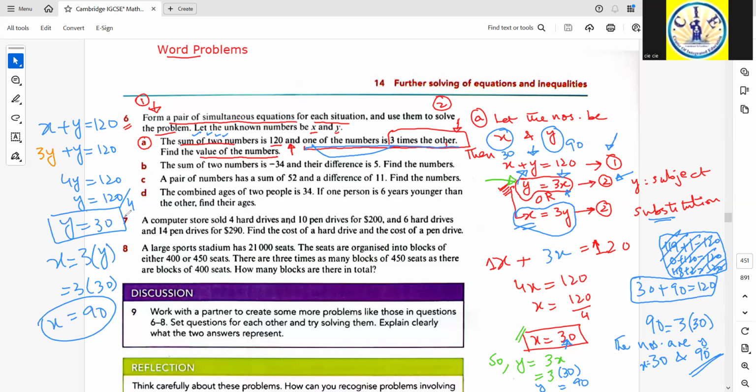Now y is 30 and x is 90. Since we do not need to name those numbers, we are just interested in the two numbers which fulfill the two given conditions. So the numbers are again 30 and 90. This is what we need to take care of.